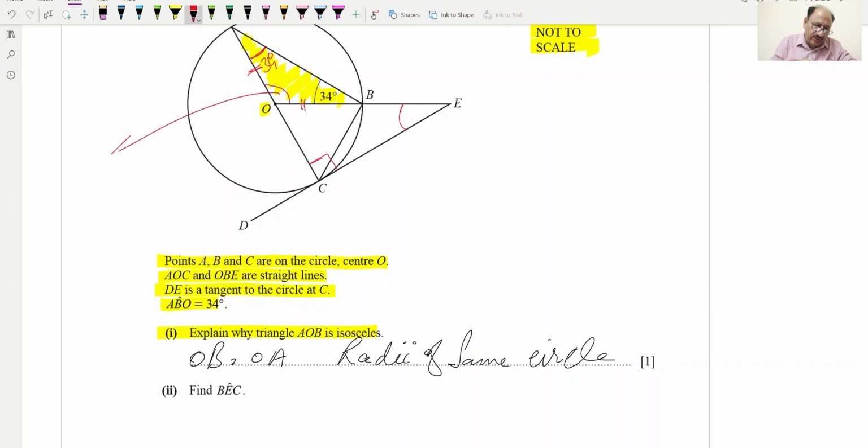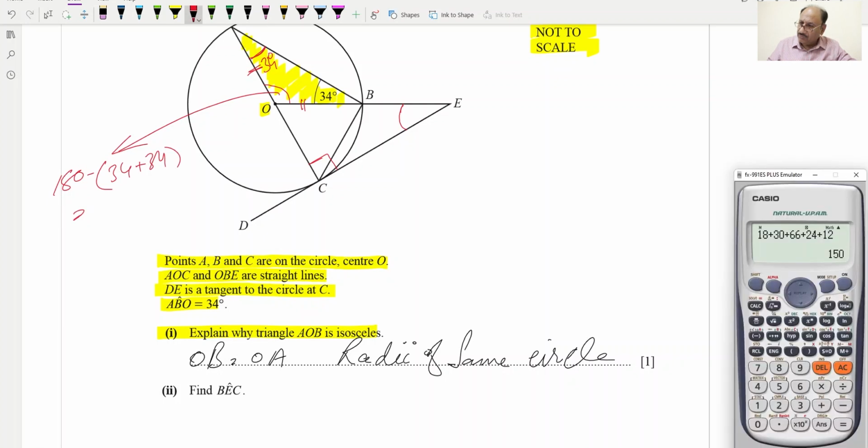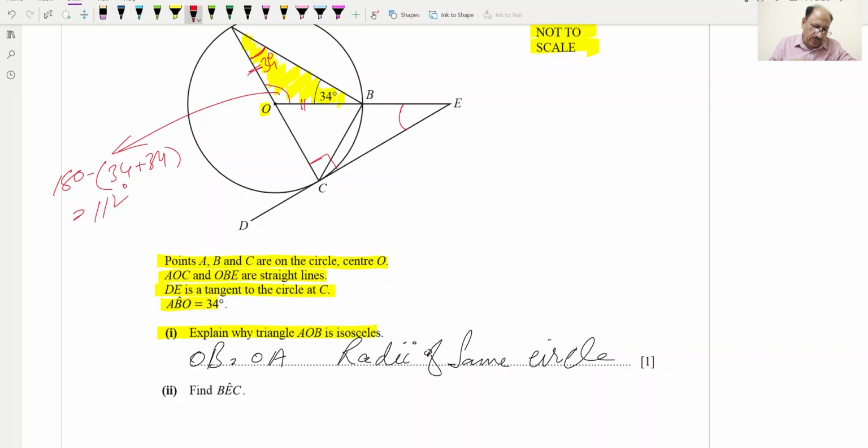This remaining angle will be 180 minus (34 plus 34), and this will be equal to 112. So 112 degrees, so the remaining angle will be 68. This angle is 68. Now we got two angles of the triangle, and which triangle are we considering? We are considering basically this triangle.